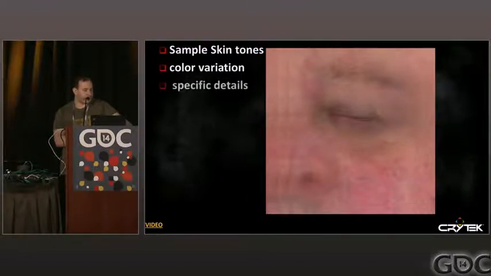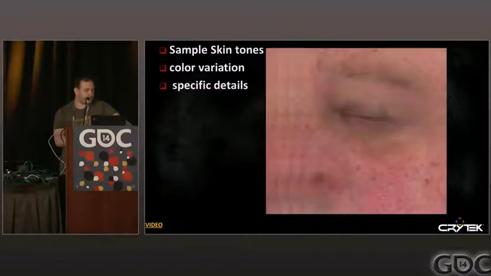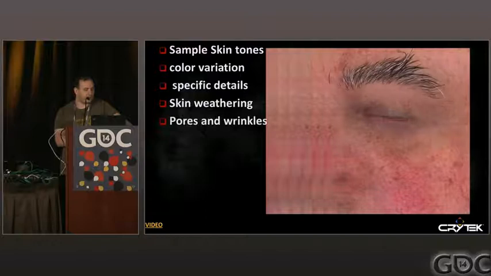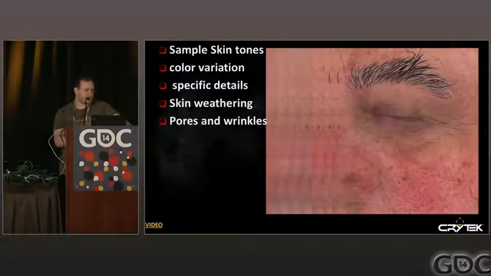We add veins and underlying skin information, and in the final pass, we add external skin details like dirt, freckles, facial scars, or any weathering like sun marks. We finally add pores and wrinkles using our ZBrush masks.